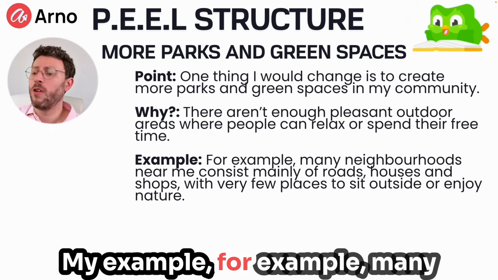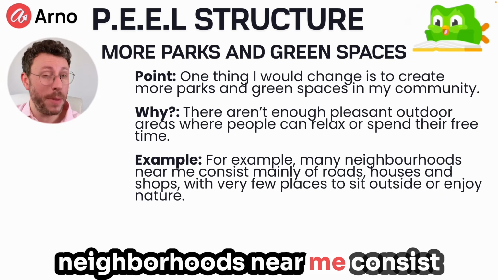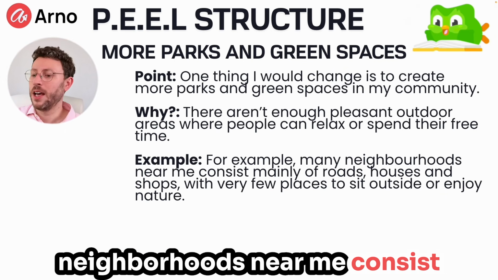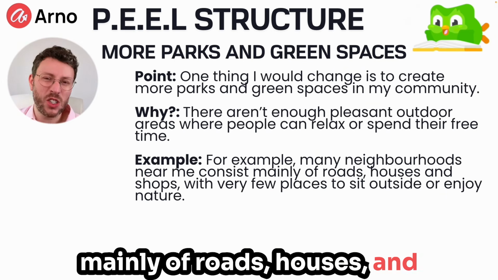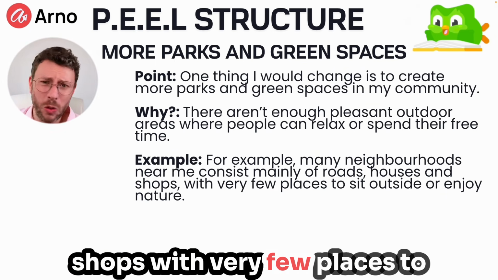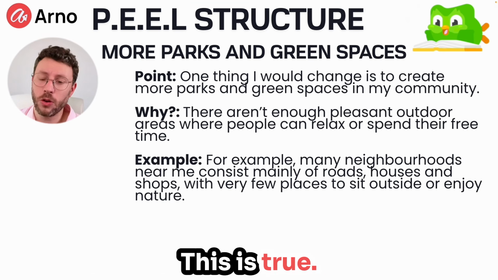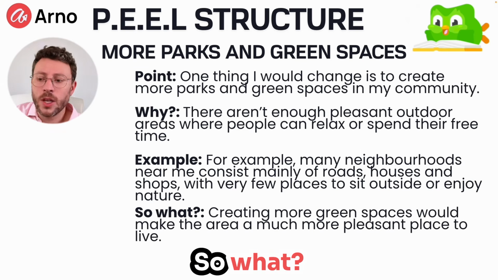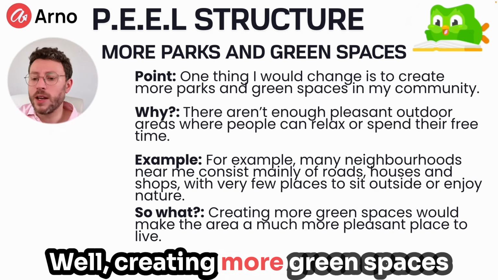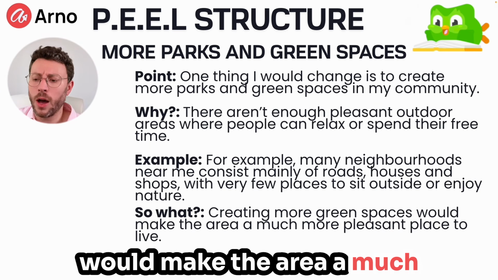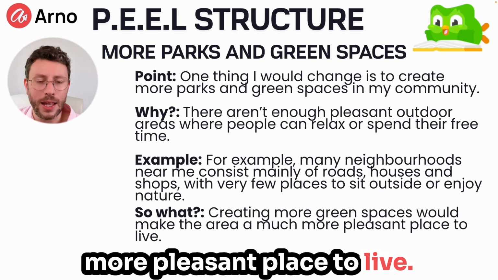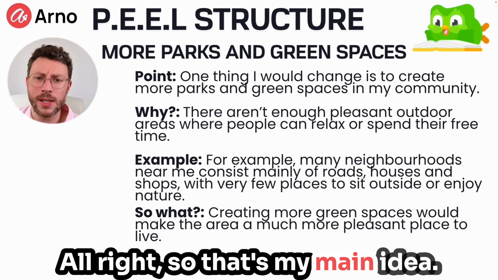My example, for example, many neighborhoods near me consist mainly of roads, houses and shops, with very few places to sit outside and enjoy nature. This is true. So what? Well, creating more green spaces would make the area a much more pleasant place to live. All right, so that's my main idea.